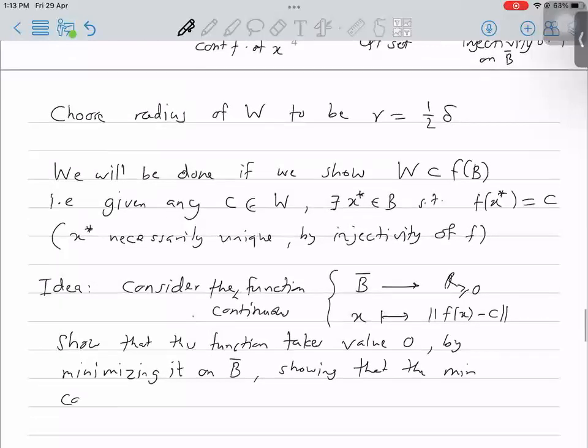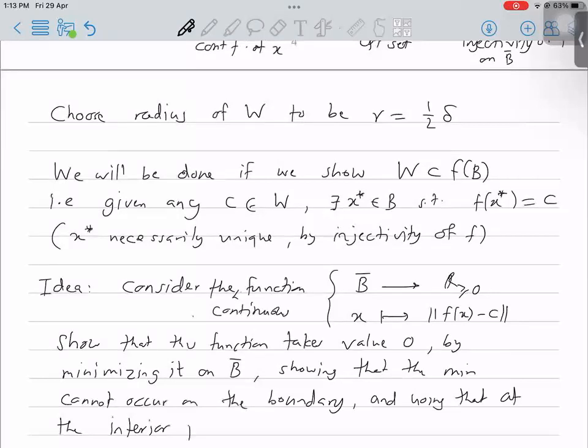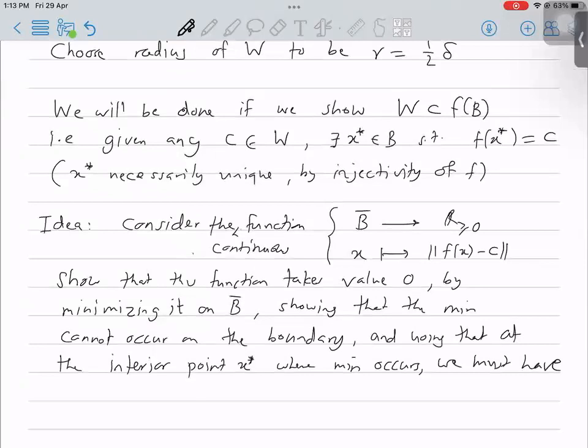So the minimum cannot occur on the boundary; at an interior point x star where the minimum occurs, we must have: a differentiable function with a minimum at an interior point, what must happen?